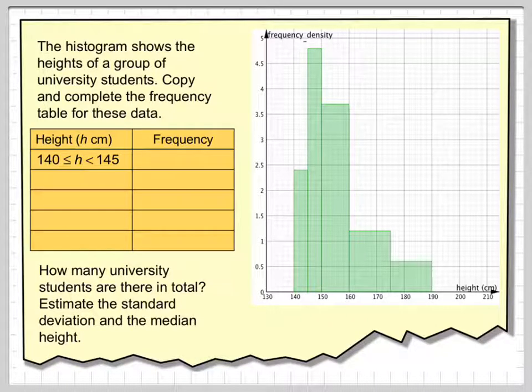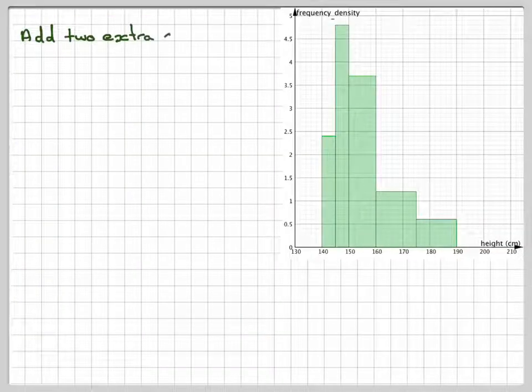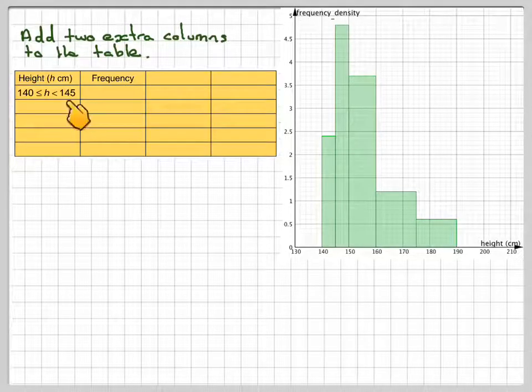from this histogram. Now in a previous video I've already done this, but I will go over it very quickly. So in our first table, we need to add 2 extra columns. We want the class width, so the width from one bar to the next, and what's known as the frequency density.